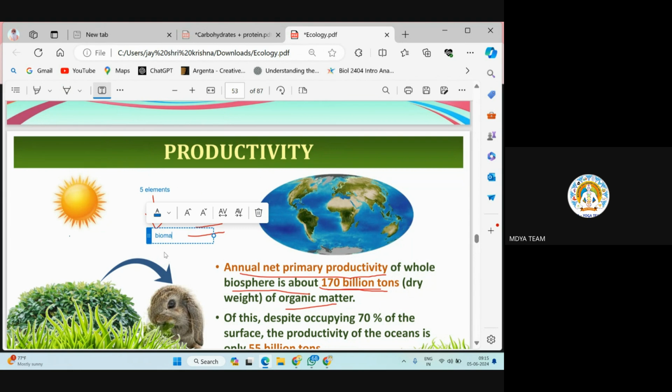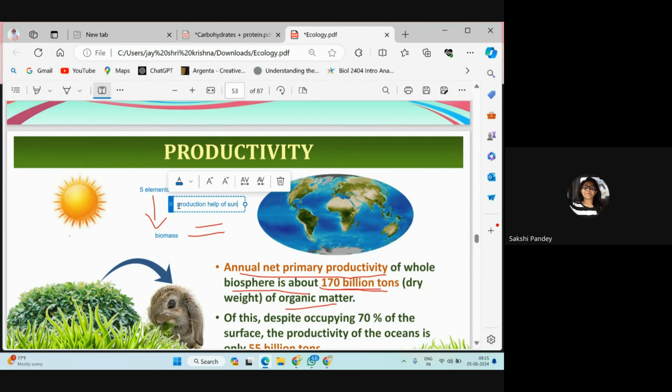This is known as biomass, and this process is known as production. This process is happening with the help of sunlight, and also with the help of plants.